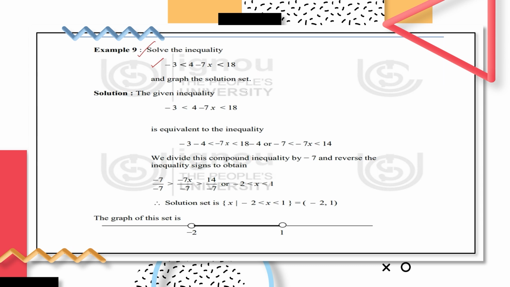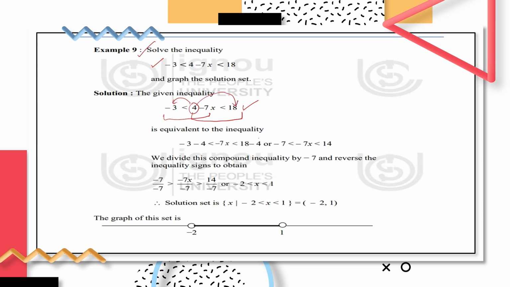solution set. The given inequality is minus 3 less than 4 minus 7x less than 18. In order to solve this inequality, firstly we rearrange it, taking it as a set of 2 inequalities. So, rearranging, 4 when taken to the left hand side, and when this 4 is taken to the right hand side, the sign will change.